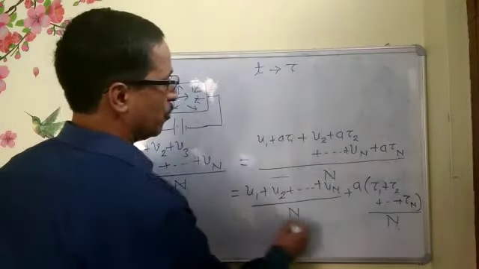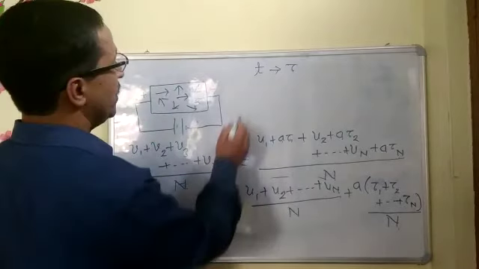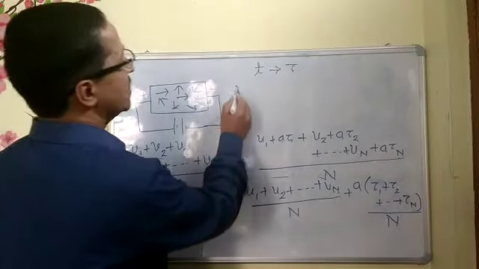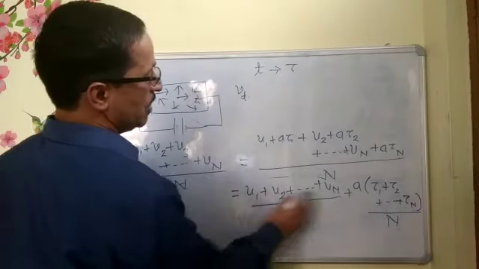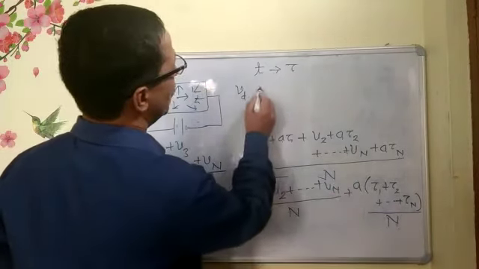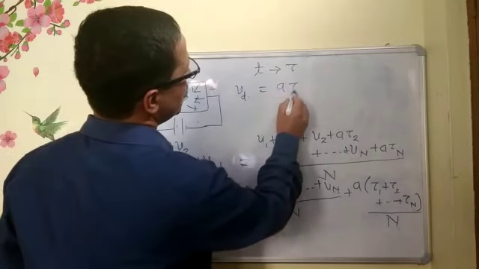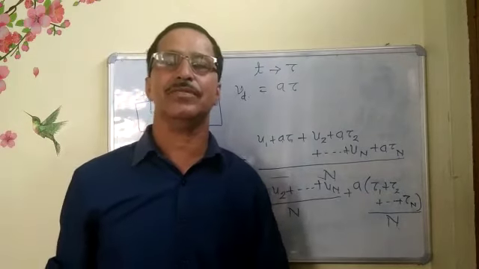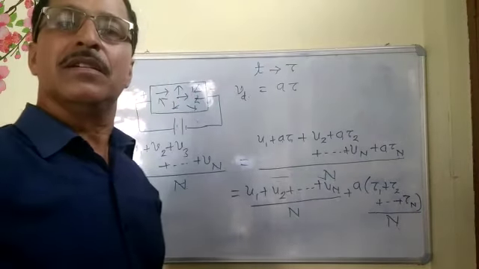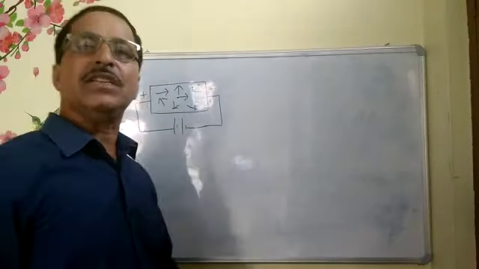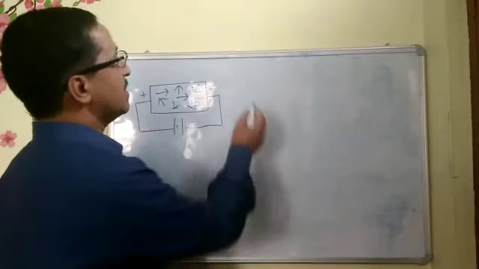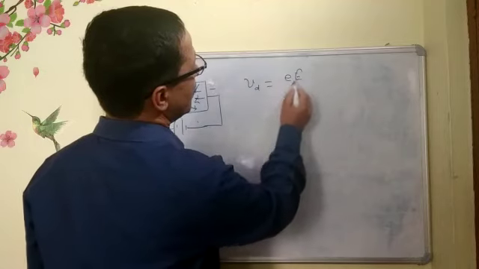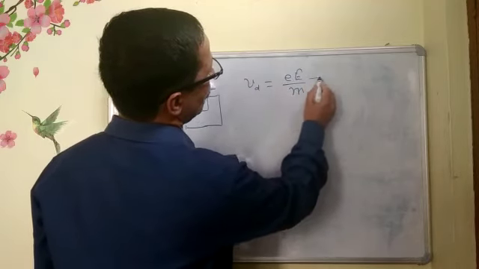This, as I have told you, is 0. So we get the average of v1, v2, v3, etc., which is called drift speed, vd, equal to 0 plus a tau. That is a into tau, where tau is the average of the relaxation times of the electrons. Putting the value of a, we will get vd equal to e into E upon m into tau.